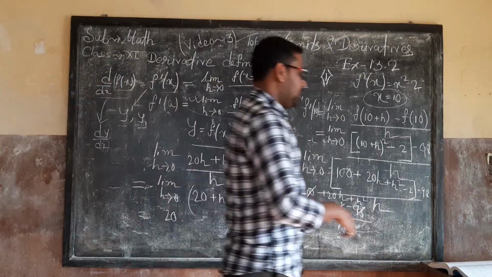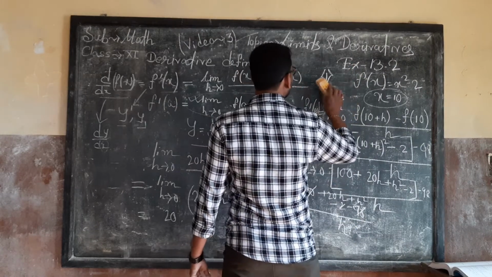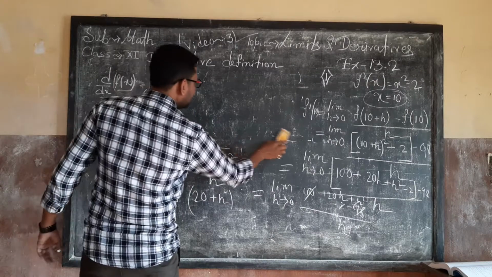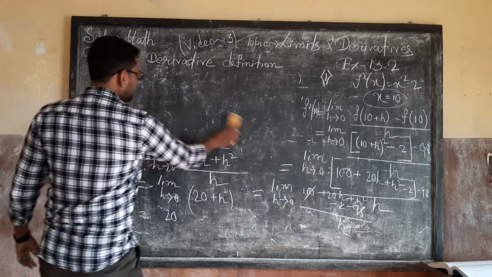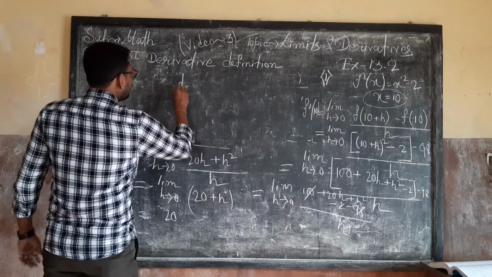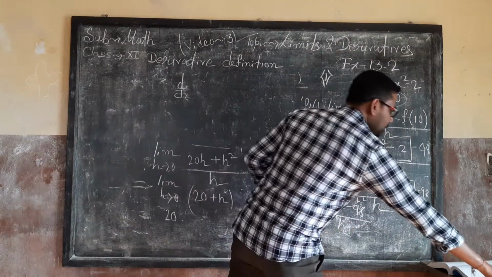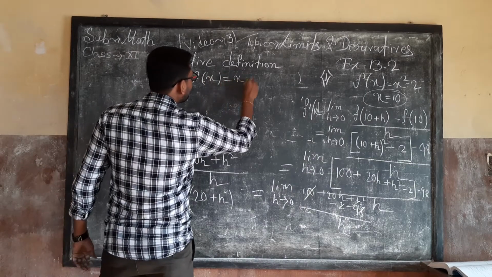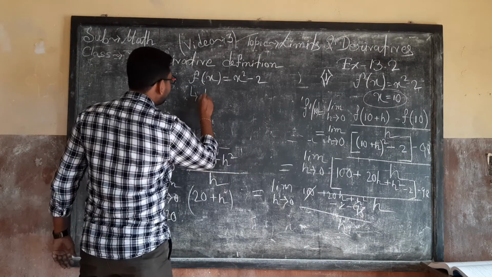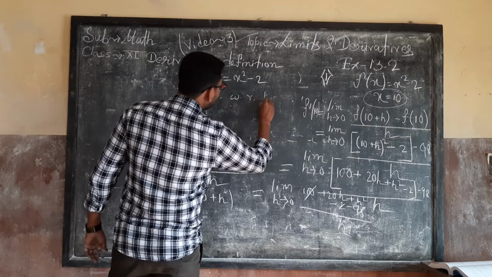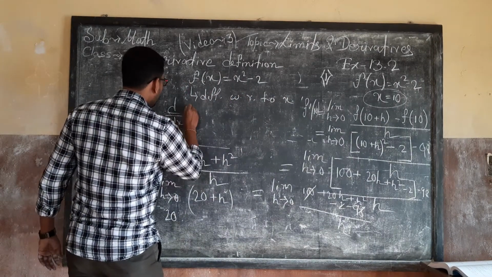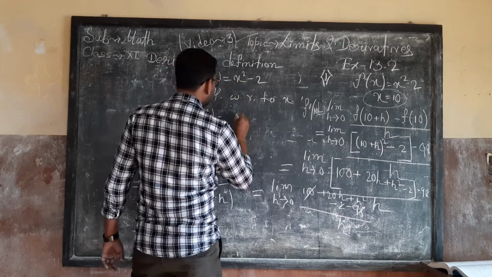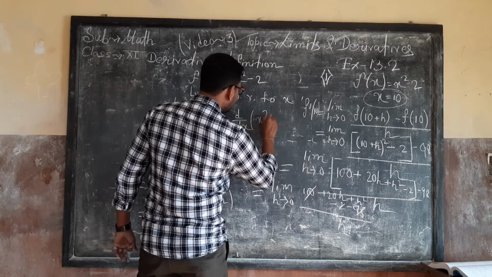So this is our first process using the first principle, and the second one is using the common derivatives. f(x) is equal to x square minus 2, and the derivative is written as d/dx of f(x) is equal to the derivative of x square minus 2.